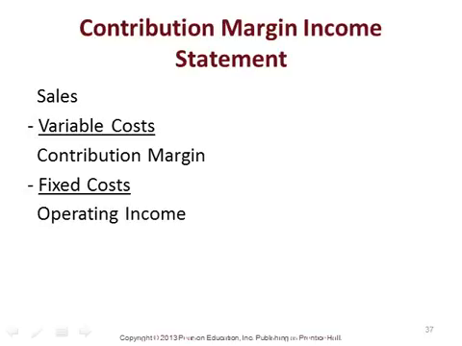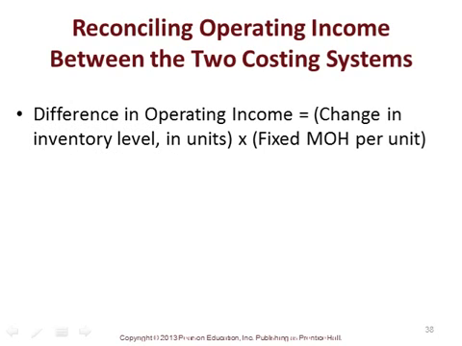But there is a way that we should be able to reconcile these two costing systems, where we really see the difference in operating income, because we calculated operating income under both scenarios. One, we used a functional approach. The other one, we organized costs by behavior, that is, are they variable or fixed, rather than functional.